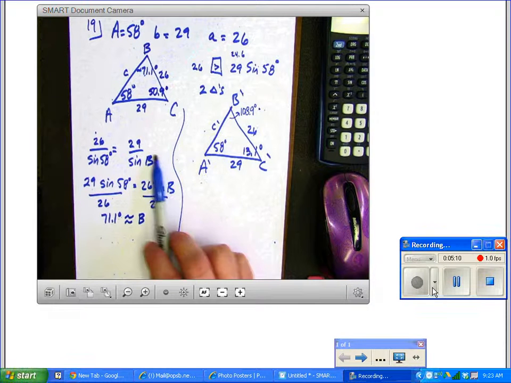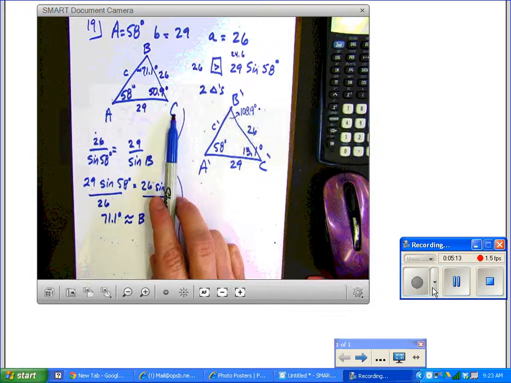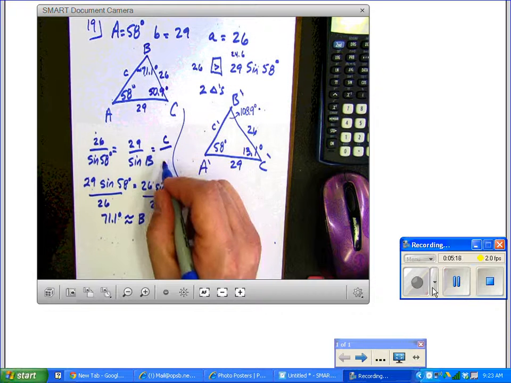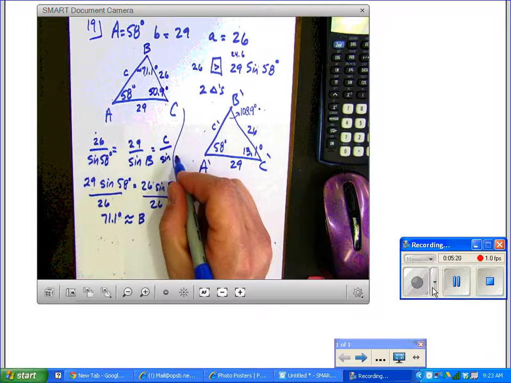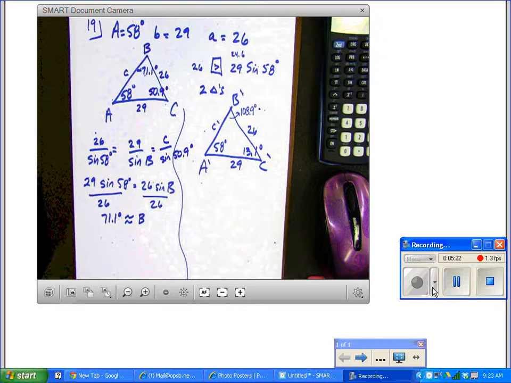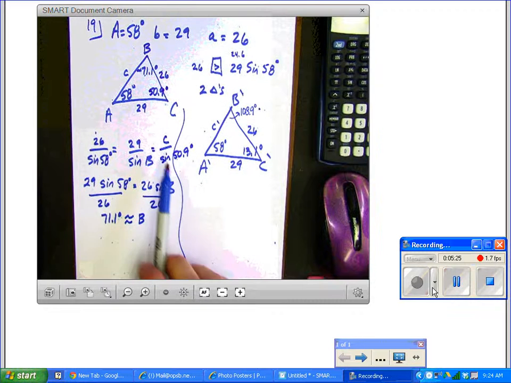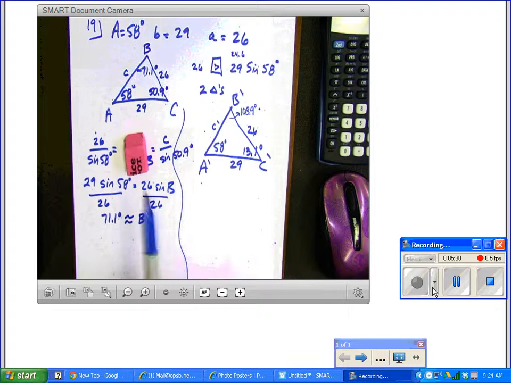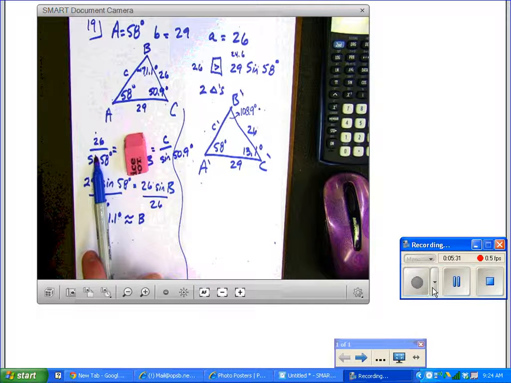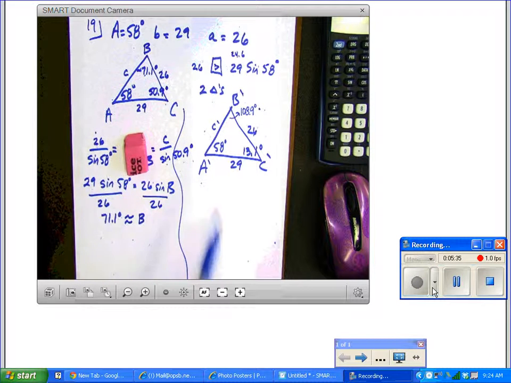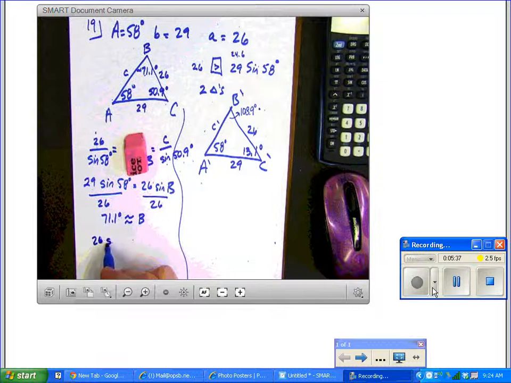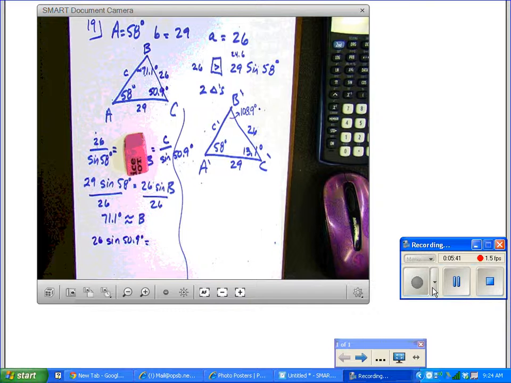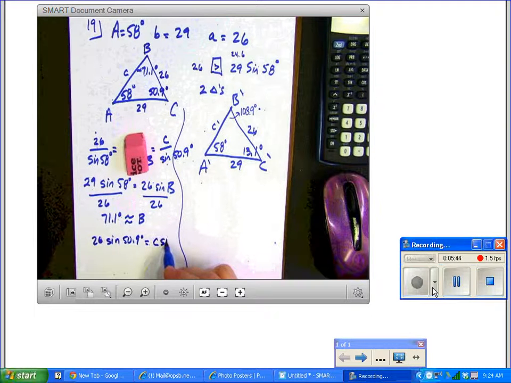We can just add the third ratio now that we've got that third angle. So we'll add c over the sine of 50.9. Since I've got the angle, now I can find that side. Here again, let's just cross multiply with the one that was given. So we'll do 26 times sine of 50.9 equals c times sine of 58.